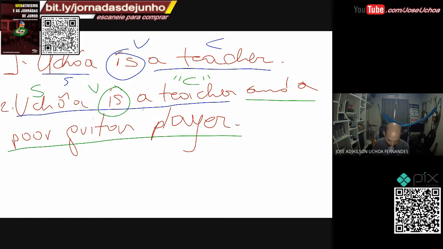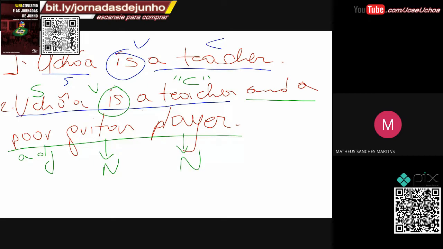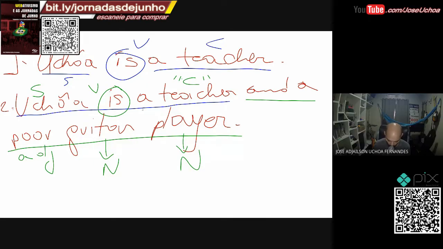So now we have a more complicated structure. We have poor as an adjective, guitar as a noun, player as a noun, and we can put two ideas together. How do we put the two ideas together? Using the conjunction. That's it, the conjunction here. So I can put two ideas together by using and.